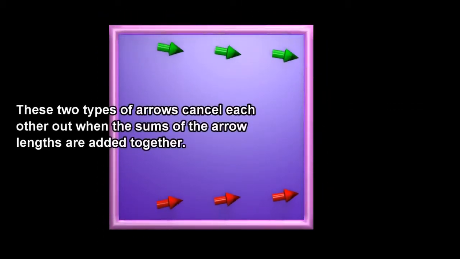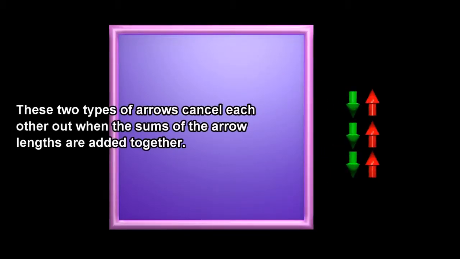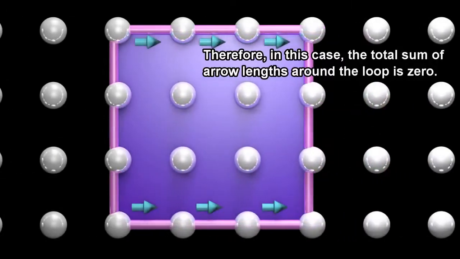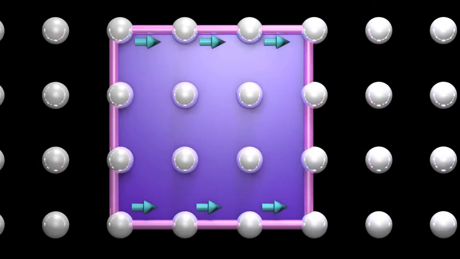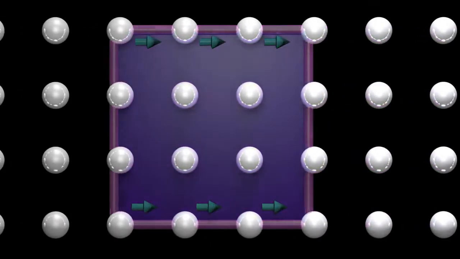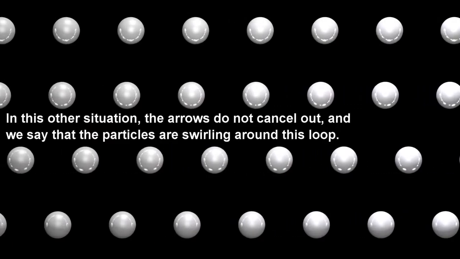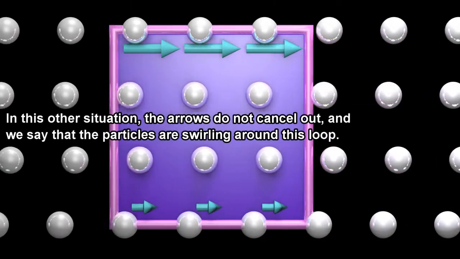These two types of arrows cancel each other out when the sums of the arrow lengths are added together. Therefore, in this case, the total sum of arrow lengths around the loop is 0. In this other situation, the arrows do not cancel out, and we say that the particles are swirling around this loop.